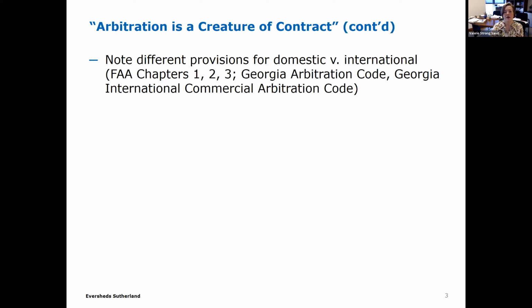The various provisions of federal and state law have specific provisions around filing a motion to compel arbitration. If you're not already in litigation, you can file a petition to compel arbitration to essentially force specific performance of the parties' arbitration agreement.